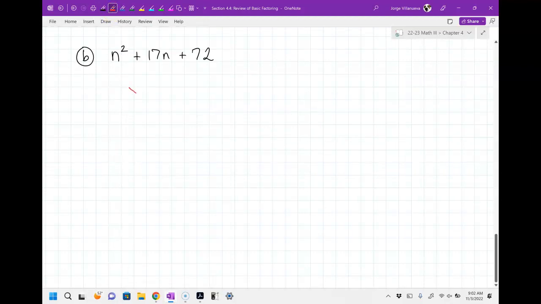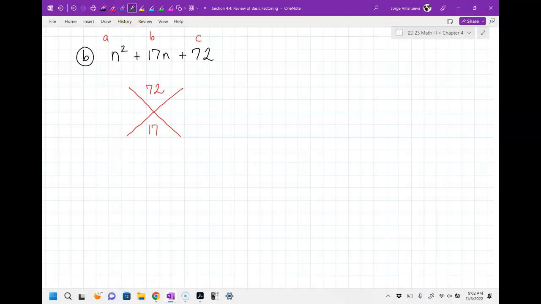So I'm going to just start off with my x. You'll notice again that your a term is a 1. That means I'm not going to have to divide at the end. So 1 times 72 is 72. And then my b value goes on the bottom. That's 17.